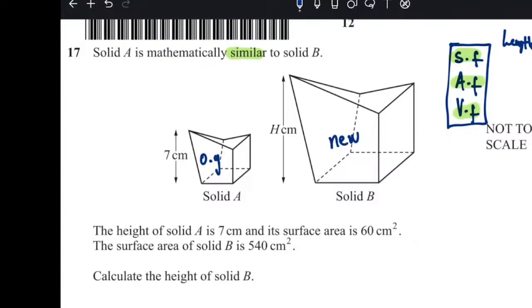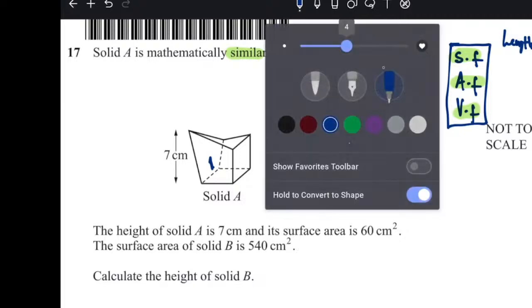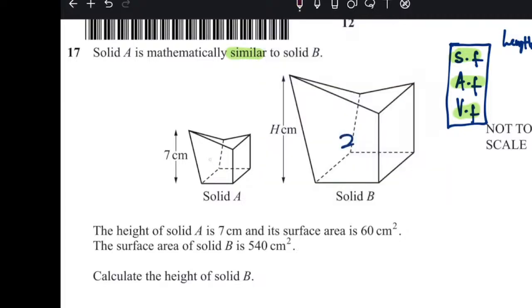So you can call it length 2, length on the new shape. So this will be shape number 1, shape number 2. Instead of OG and new, maybe 1 and 2 makes it faster. 1 times scale factor gives you 2. So length 1 times scale factor gives you length 2. The most important thing that everybody should see here.